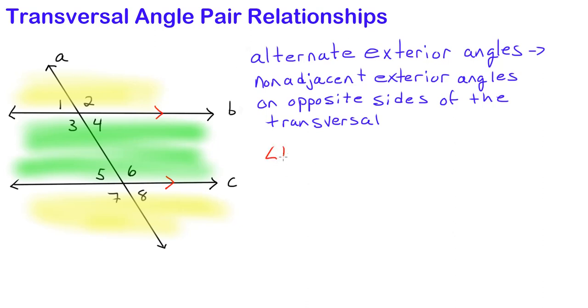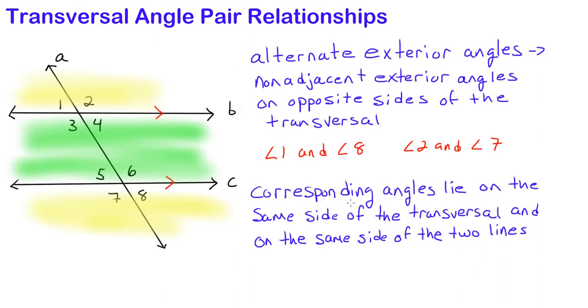So we have angle 1 and angle 8 are alternate exterior angles. And if we look at the other pair, angle 2 is outside line B to the right of the transversal, and angle 7 is outside line C to the left of the transversal. So our other pair of alternate exterior angles is angle 2 and angle 7.